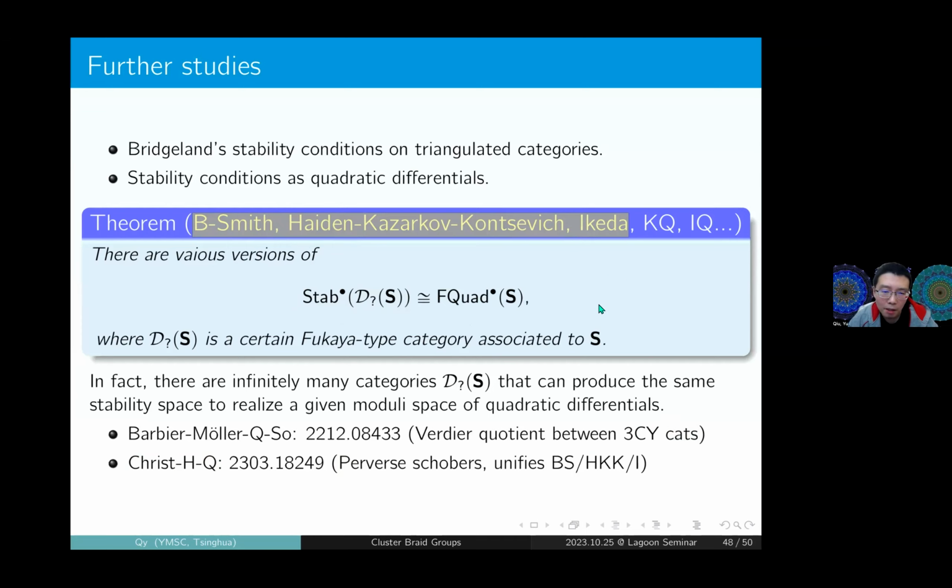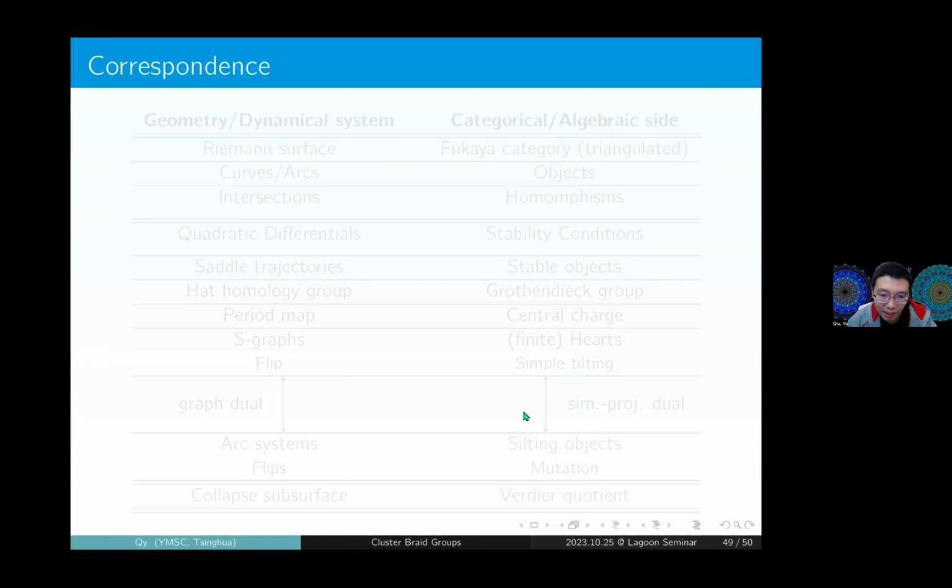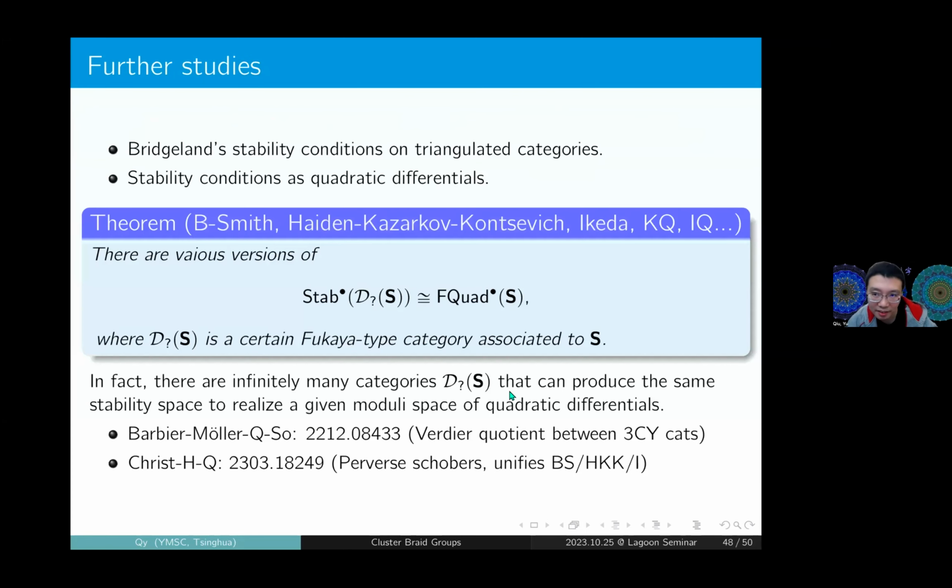So basically, perverse schobers are designed to understand the Fukaya type of category associated with a surface. Then we can understand objects and intersections, objects and morphisms from the surface, and then we can extend the results. Of course, we need to use many techniques of previous works to unify and generalize this.